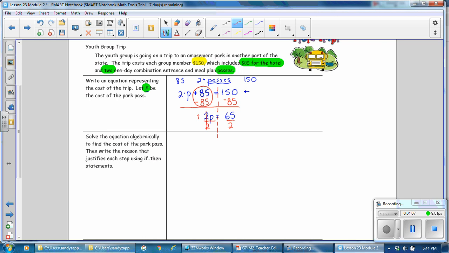So there's that 1 we were looking for. And 1 times P is P. And 65 divided by 2 is $32.50. So we have solved our equation for P, and P is the cost of the park pass.